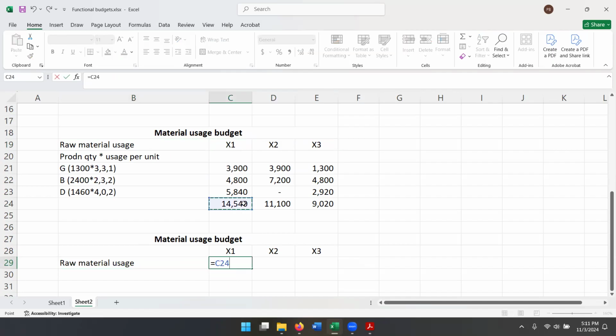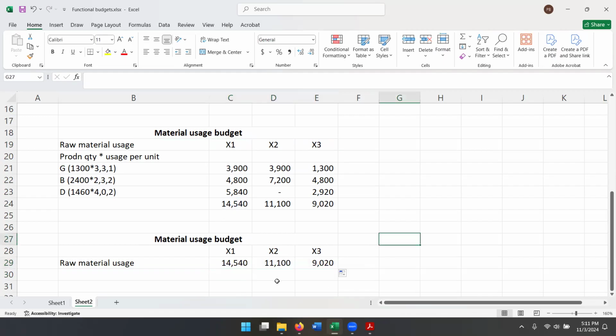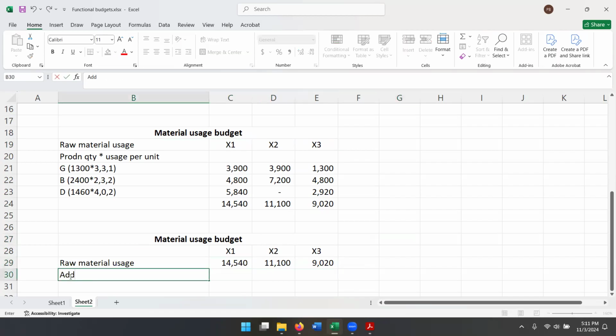You have 14,544 for X1, X2, and X3, so you just reproduce that. Then you add closing stock, and then you less opening stock.